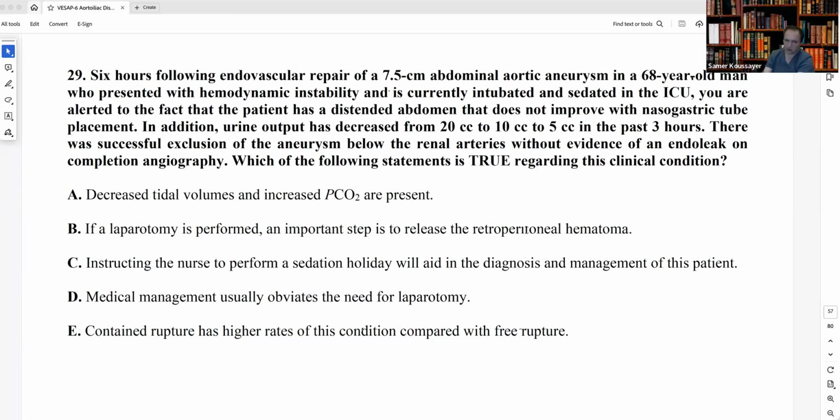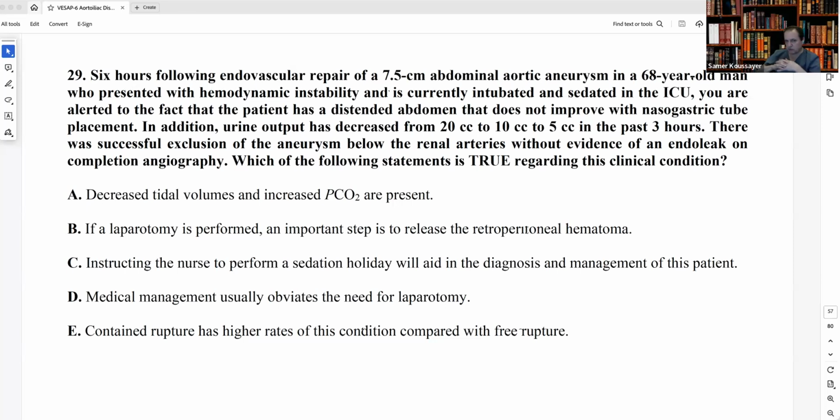What's the number that triggers us to do something? This is important in the exam. The pressure more than what? 20, 30, 40? 20. Yes, that's very important. I'm sure you'll get this in the exam. Compartment syndrome is very important, like in the legs. So any pressure more than 20 has to be treated by surgery.